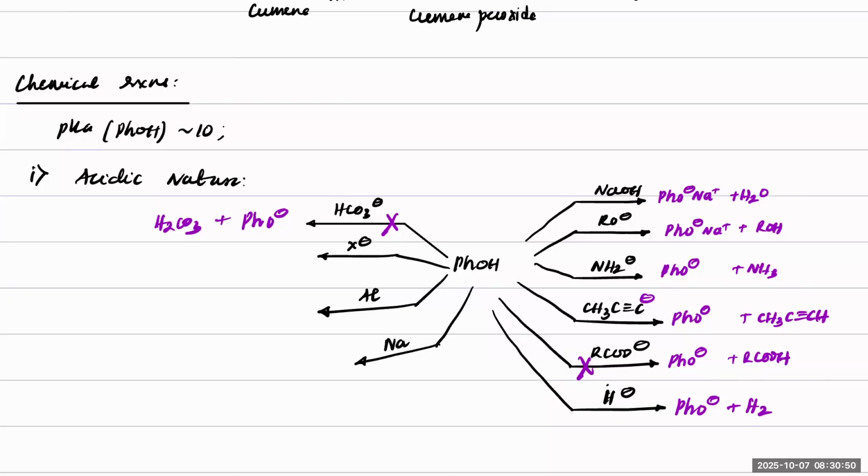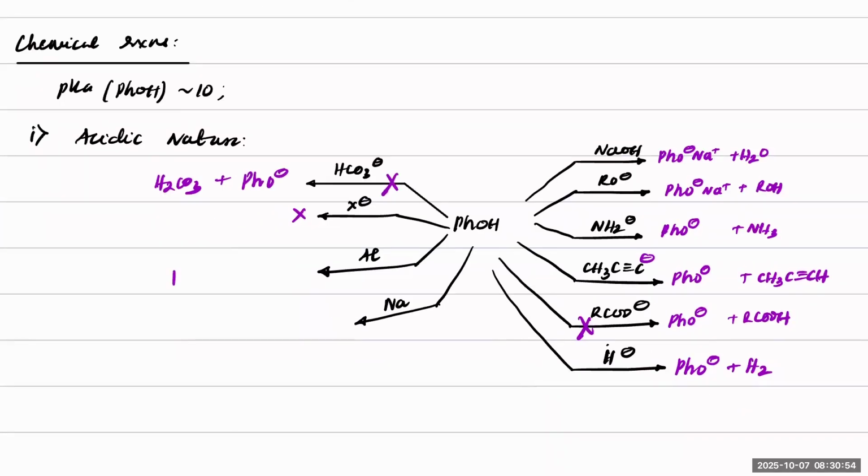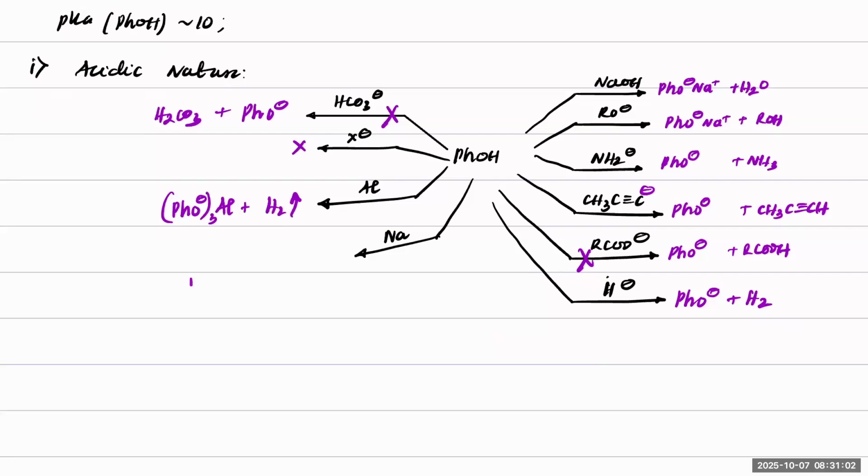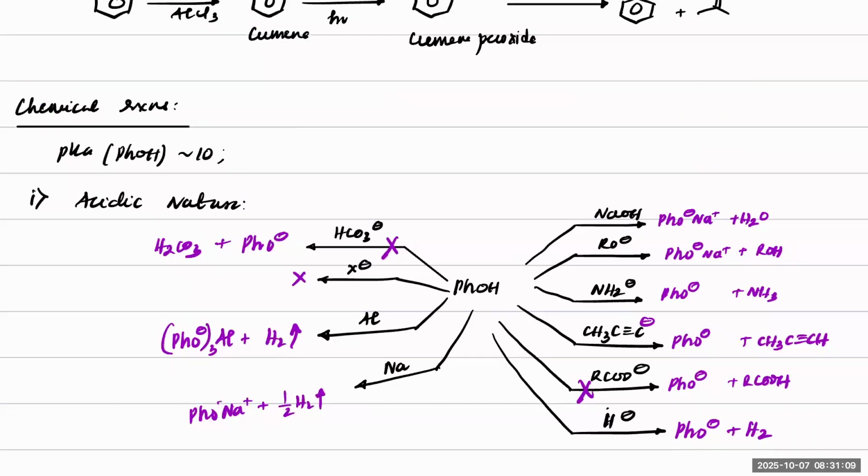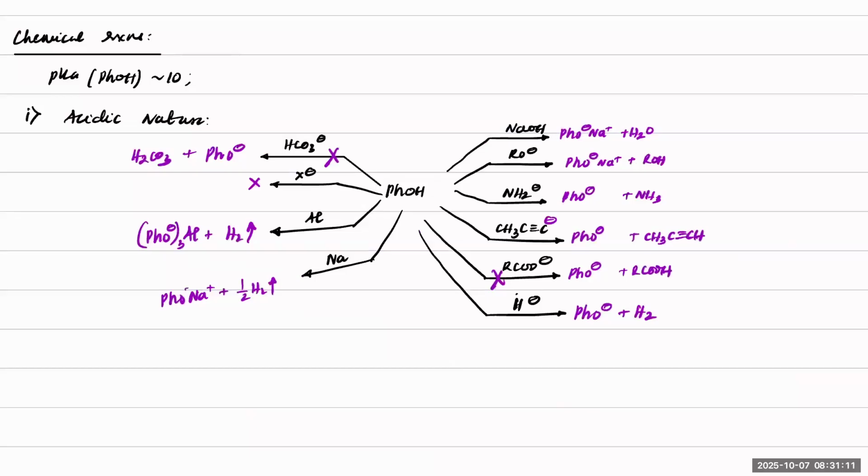With X minus, no reaction. With aluminium, it will become phenoxide, PhO minus thrice Al plus H2 gas. With sodium also, it will become phenoxide PhO minus Na plus and half of H2 gas. Done. So these are all the acid-base reactions phenol is involved in.